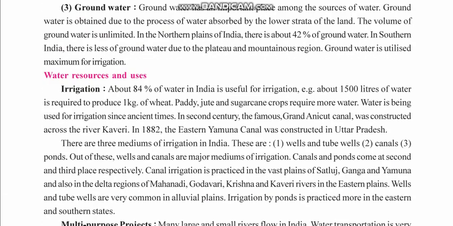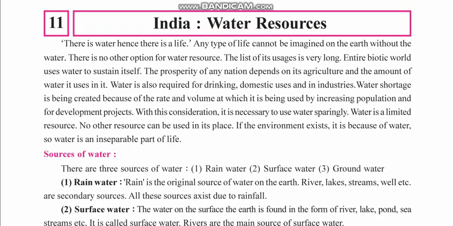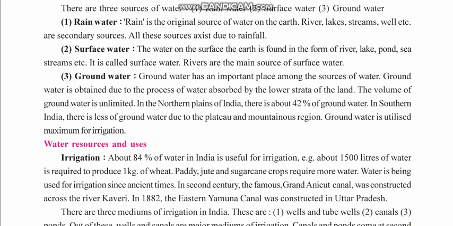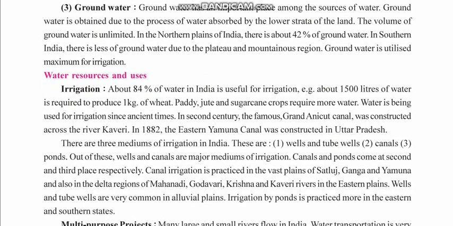In the previous video lecture we saw about the importance of water in our life. We also saw various sources of water like rainwater, surface water and groundwater. We also saw the topic of water resource and usage.